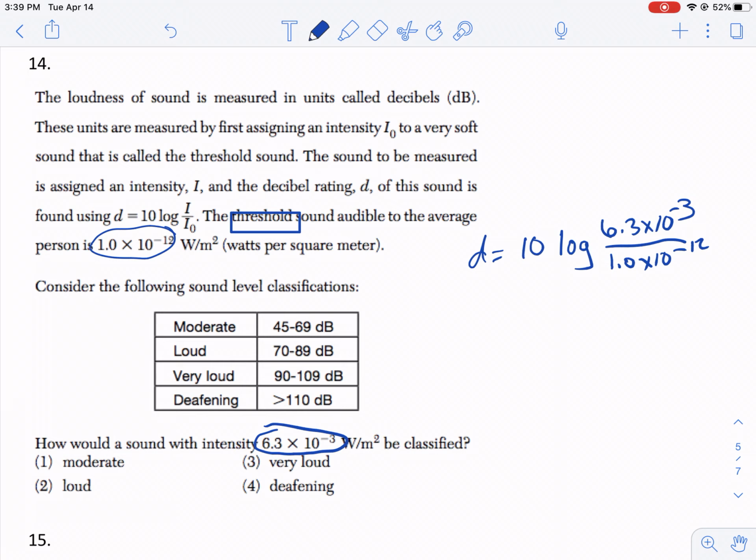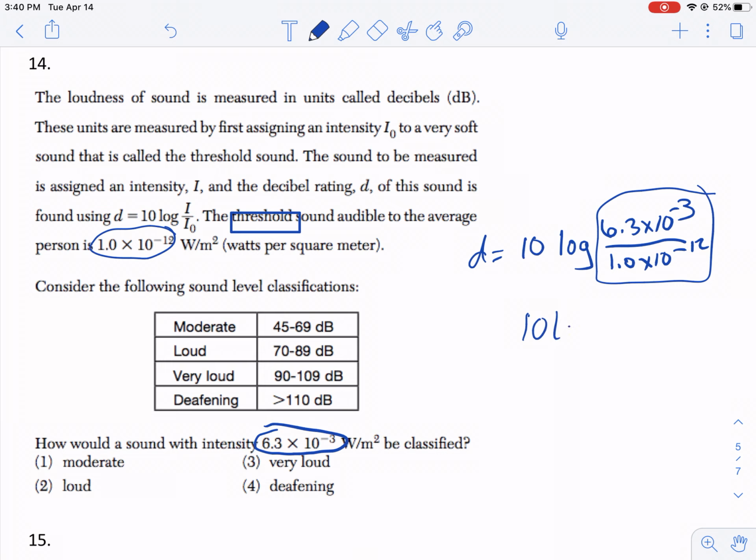I would definitely make the suggestion of let's clean that up first. So I am going to type in parentheses, 6.3 times 10 caret negative 3, end parenthesis, divided by parenthesis, 1 times 10 caret negative 12, end parenthesis.